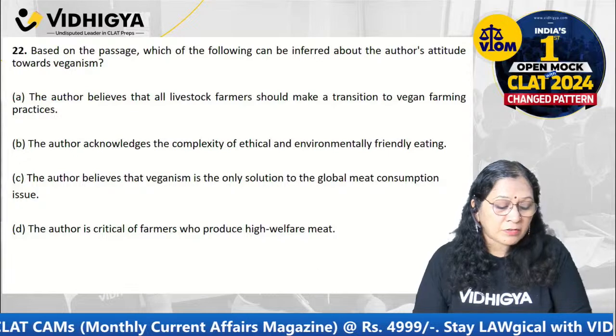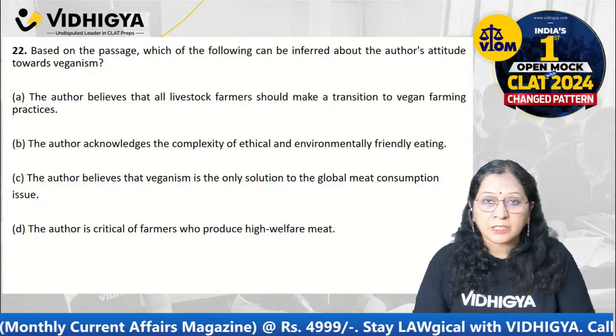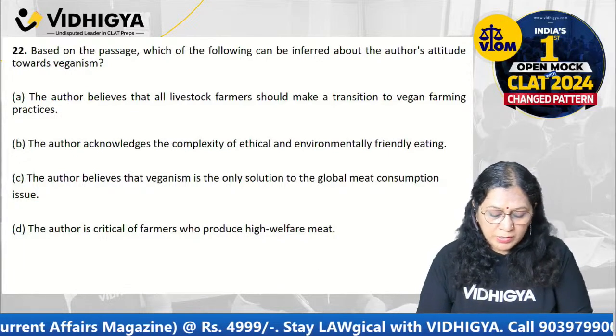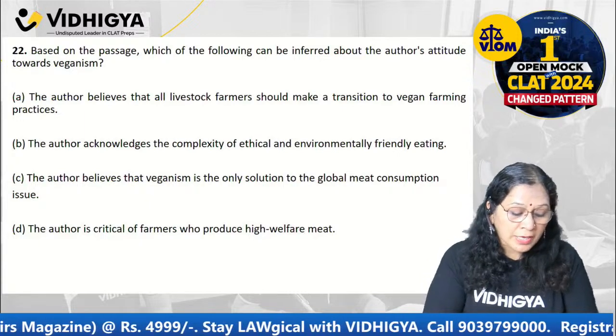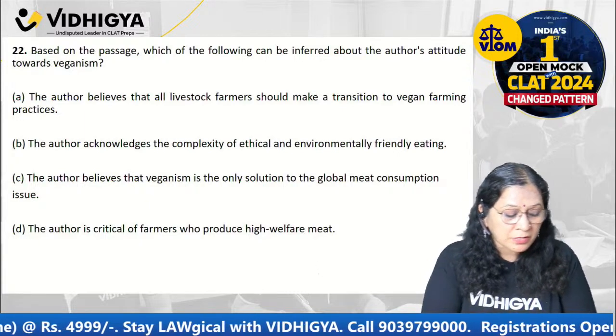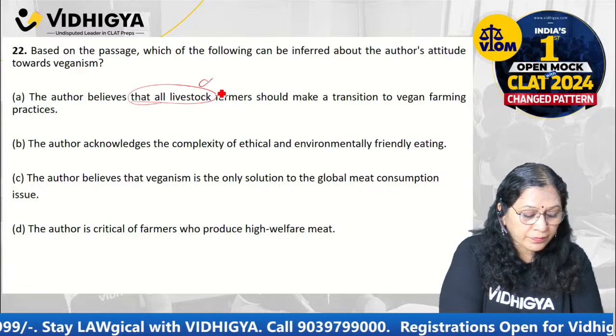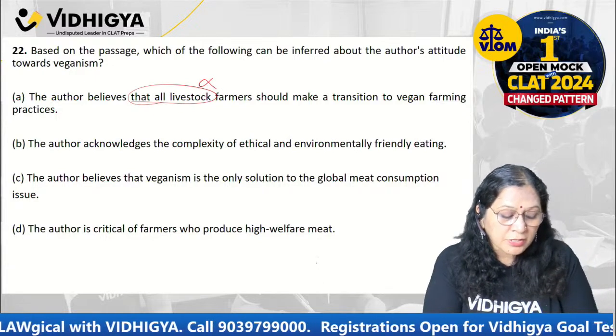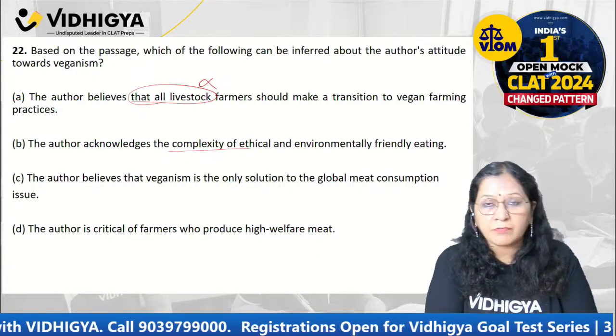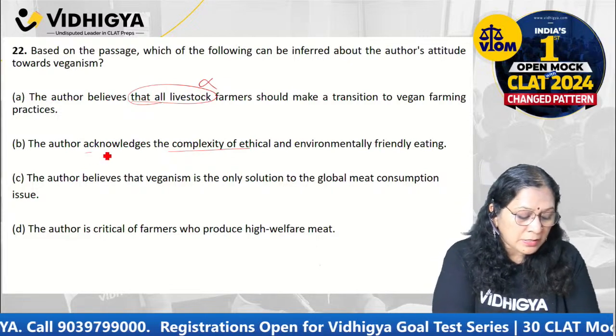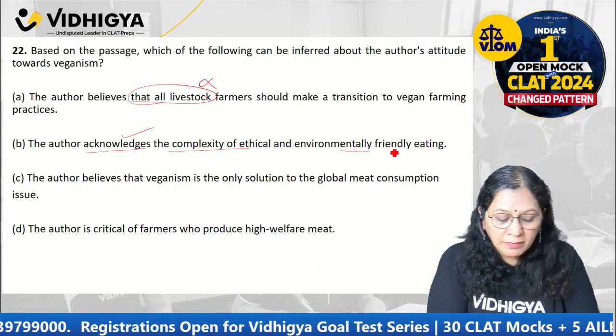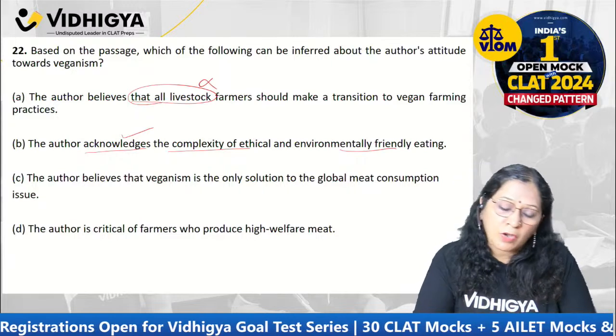Based on the passage, which of the following can be inferred about the author's attitude? So, what his attitude was, he believes that all livestock farmers should make a transition. Author acknowledges the complexity of ethical and environmental friendly eating. उसने कहा था, सही है, अच्छा है, environmental friendly eating होना चाहिए, पर complex भी है.